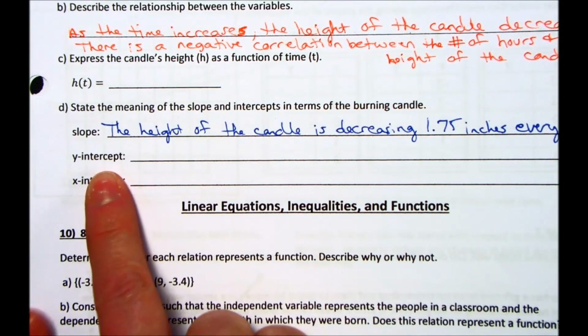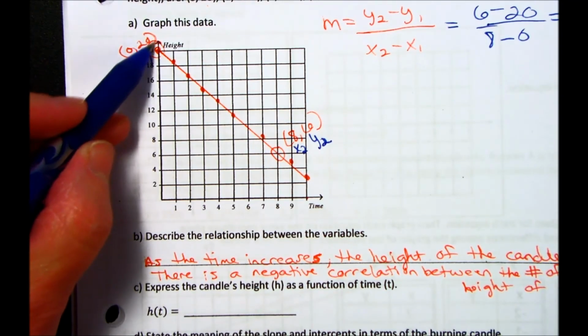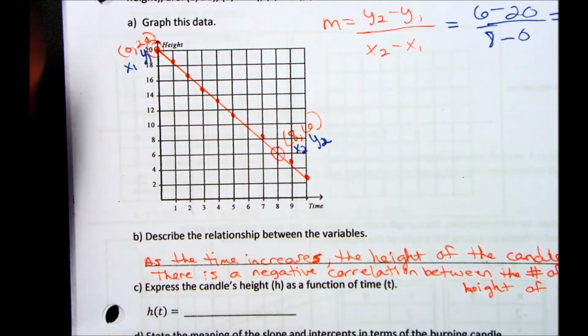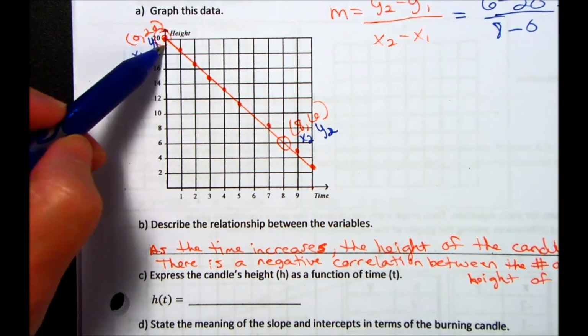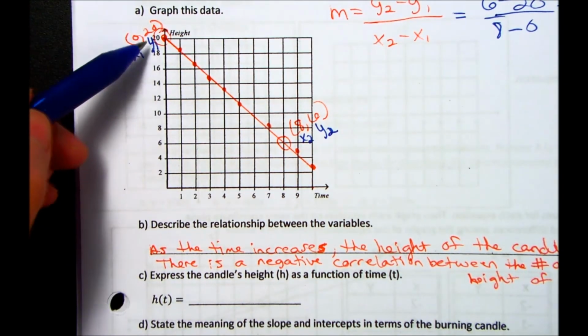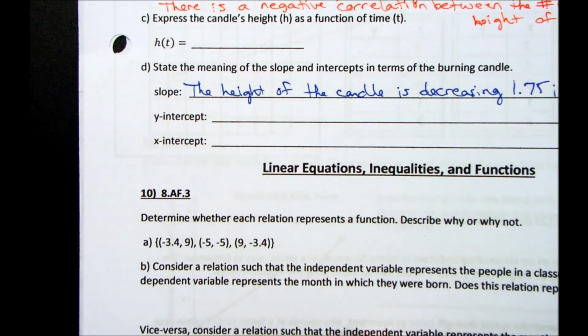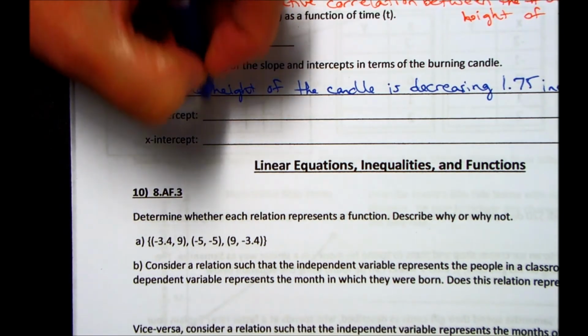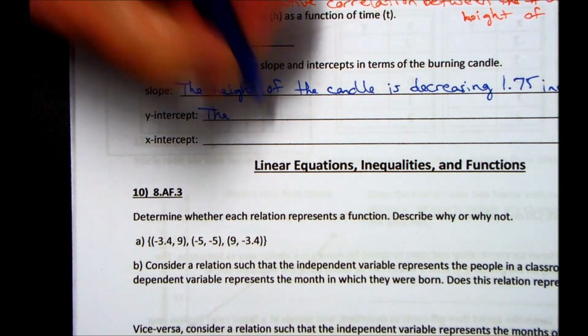All right, so the y-intercept, we do have that. On your graph, the y-intercept is at (0, 20). So basically the y-intercept would represent the height of the candle before it was lit, or the starting height of the candle. There's a couple ways you can say it.